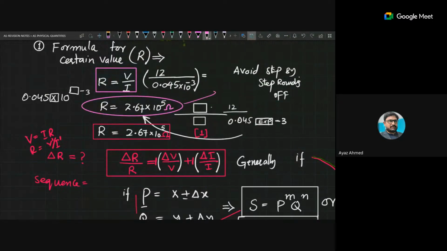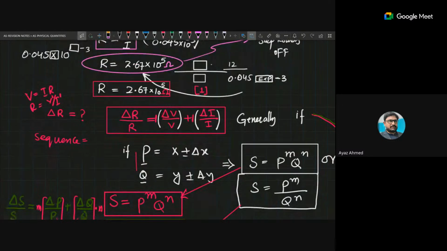Don't round off over here. This is a very important thing to remember: don't round off over here. Then we have to consider that R is this much.